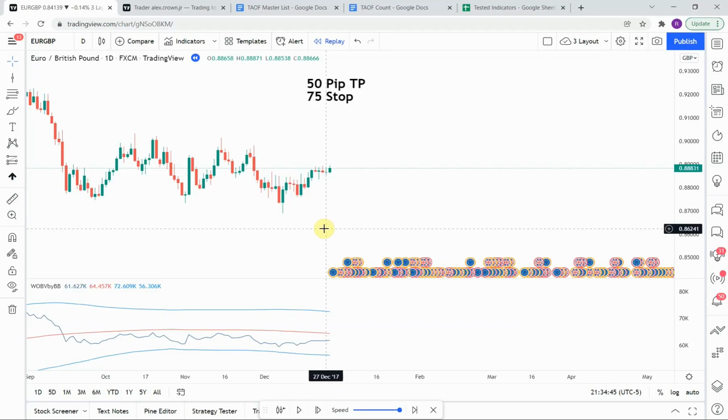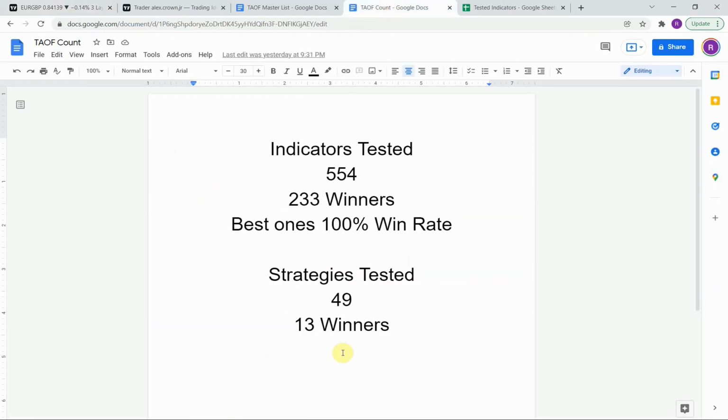Alright, as I said, today we will be testing the weighted OBV indicator. Before we do though, I wanted to put the testing scoreboard up for everyone to see. So to date, we have tested a total of 49 different strategies, with 13 of them being profitable. We have also tested a total of 554 indicators, with 233 of them being winners.